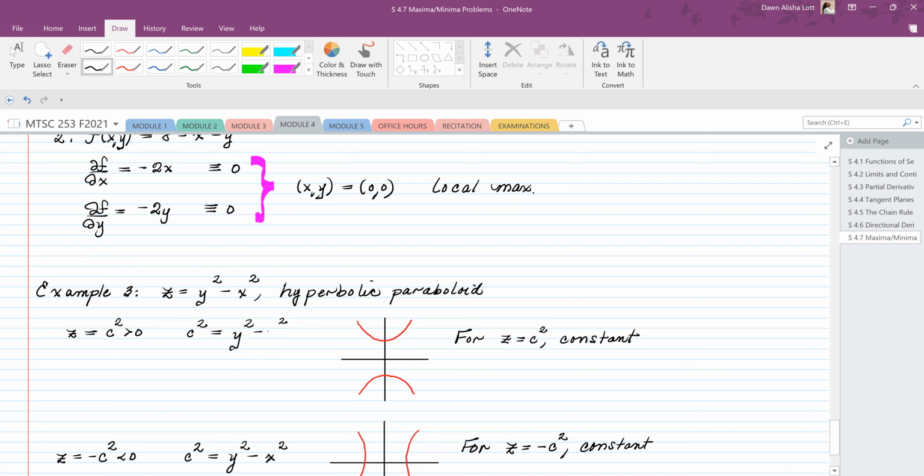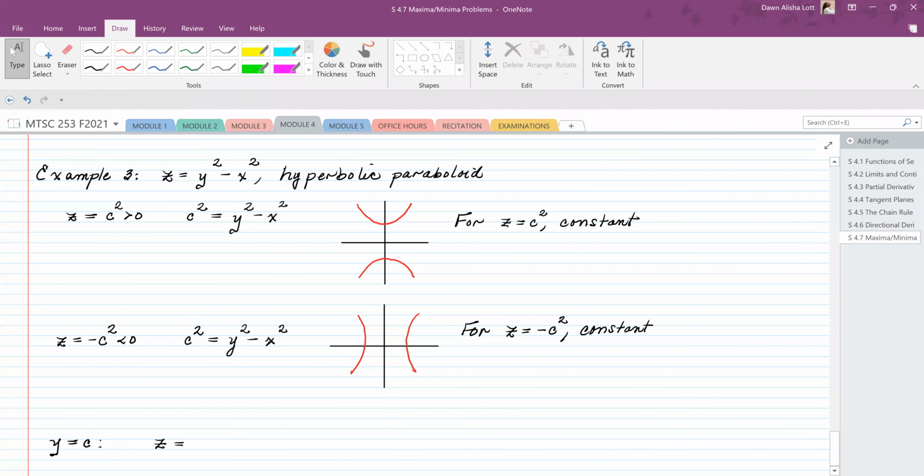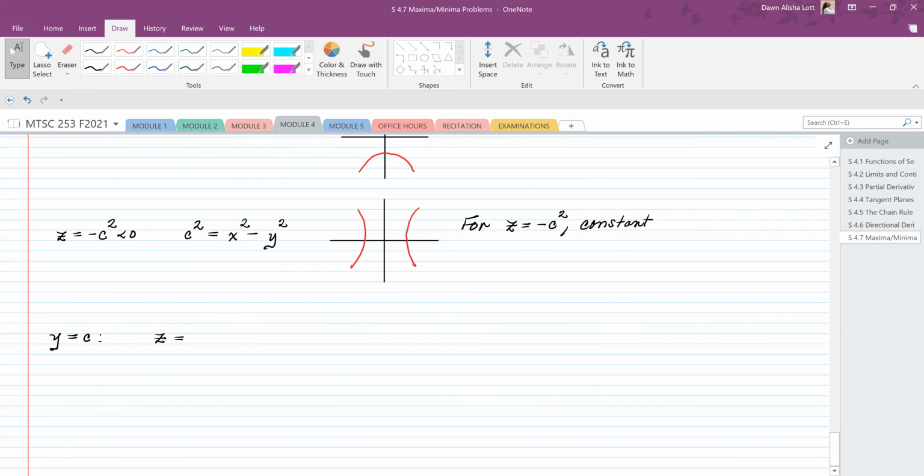And I was drawing the pictures. I said, something doesn't look right because here y can't be 0. Okay, good. And now I got this one right, y squared minus x squared. Nope, this one's wrong. This should be x squared minus y squared. And x can't be 0. Good. Okay, so now z is equal to c minus x squared.